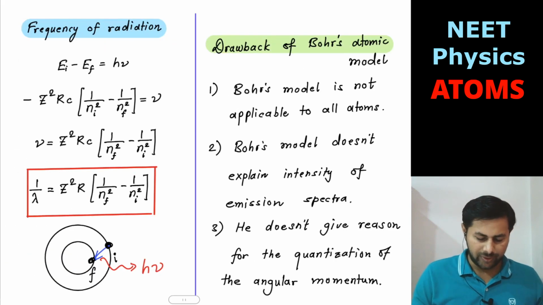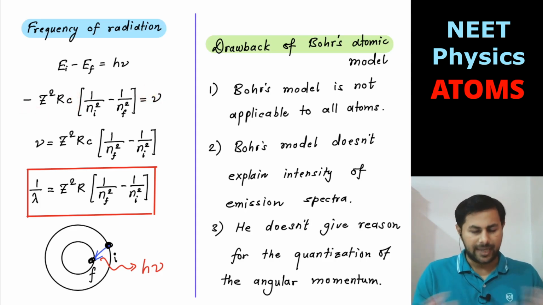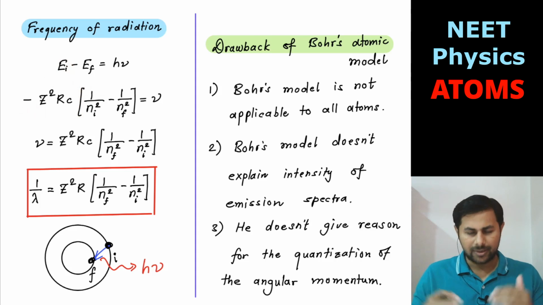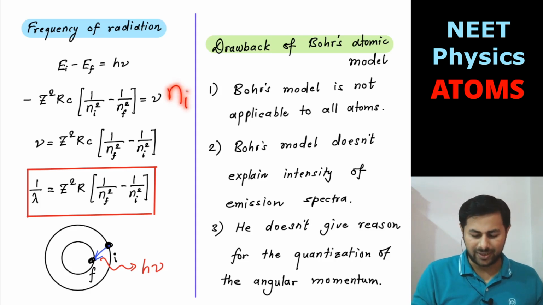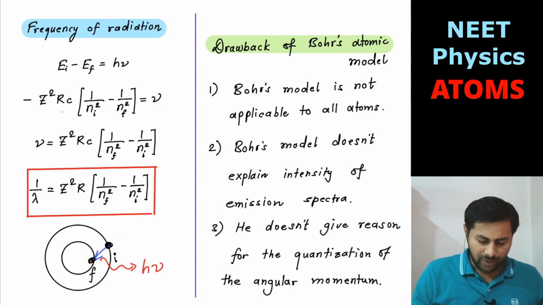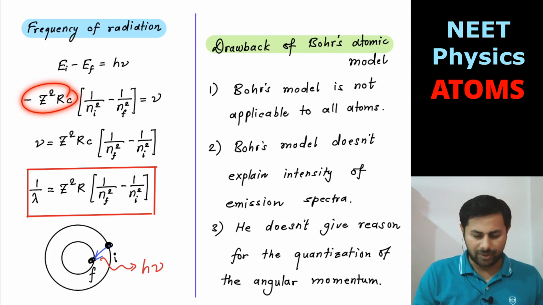Using that, H and H on this side get cancelled out, so you get minus Z square RC times 1 by n_i square, where n_i is the initial level, and the electron jumps from n_i to n_f. So you have minus Z square times Rc, 1 by n_i square minus 1 by n_f square. This thing is taken common.